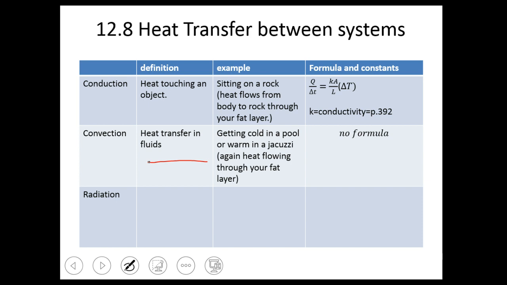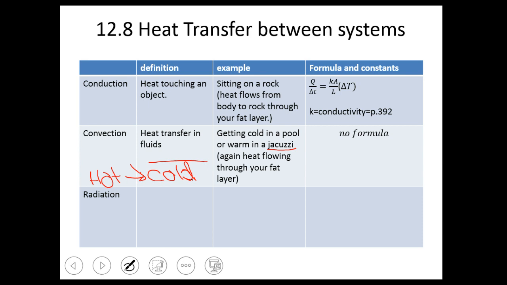Likewise, if you don't have a good insulating layer and you sit in a jacuzzi, the jacuzzi is warmer than you are. Heat flows from hot to cold. And so that jacuzzi will actually transfer heat to you, which would be the cold one in this case. And you can get overheated pretty fast in a jacuzzi, so jacuzzis usually have time limits on them for that reason.